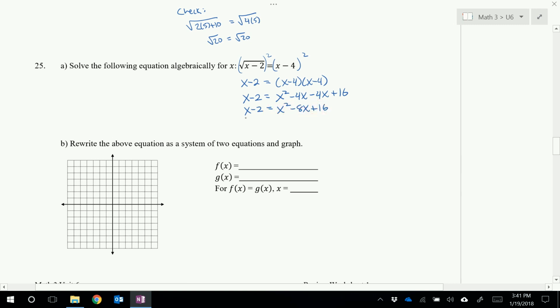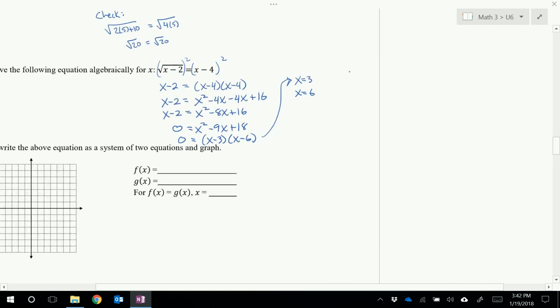Make the left side equal to 0 by subtracting x and adding 2 to both sides. And then work on factoring. We're looking for two numbers that multiply to 18 and add to negative 9. (x minus 3) and (x minus 6). Set each factor equal to 0 and we get two answers, x equals 3 and x equals 6. But we need to check to make sure these work.